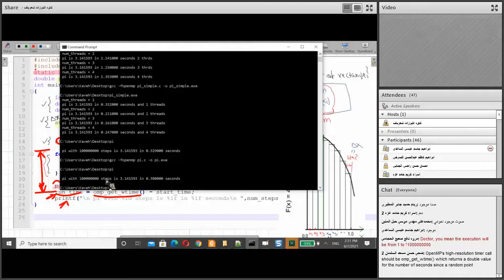Less than half a second. The pi number with 100 million iterations is calculated with this value in 38 hundredths of a second. We want to use OpenMP to reduce this time. We are going to use the OpenMP to reduce this time.